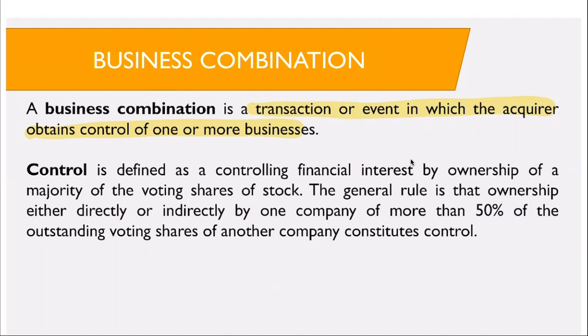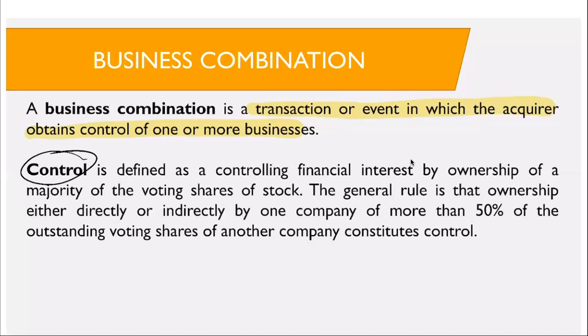Take note, when we talk about business combination, there must be control. So what is control? Control is defined as controlling the financial interest by ownership of a majority of the voting shares of stock. The general rule is that ownership, either directly or indirectly, by one company of more than 50% of the outstanding voting shares of another company constitutes control.